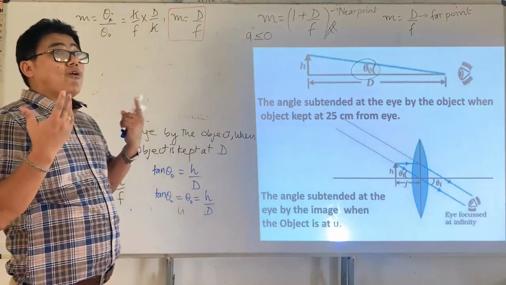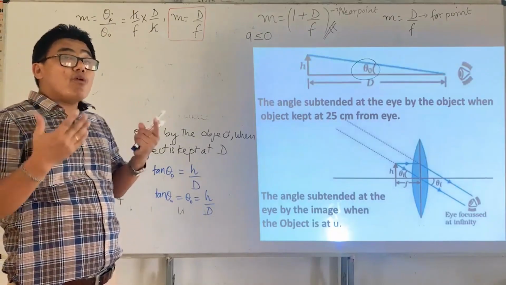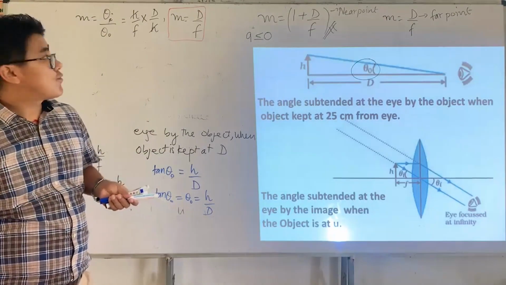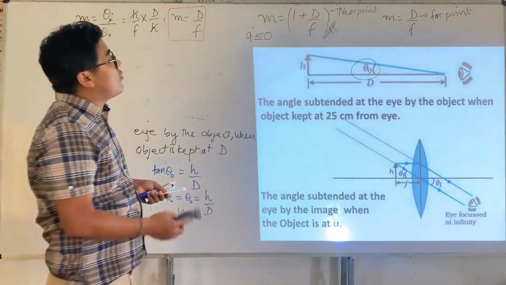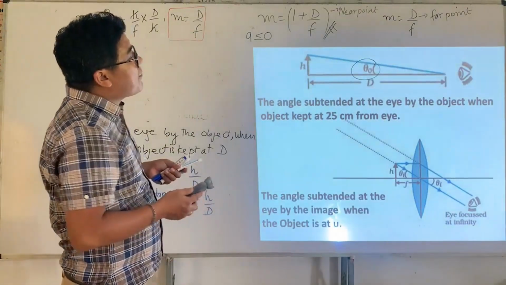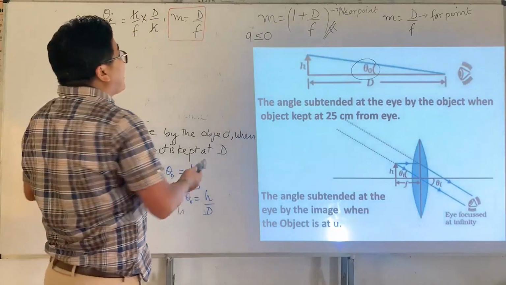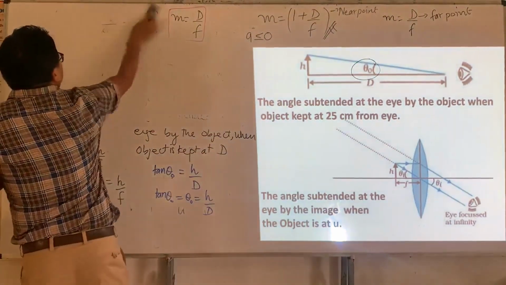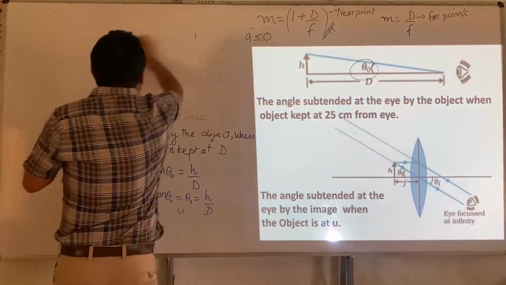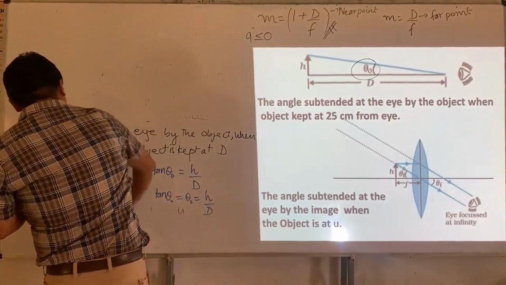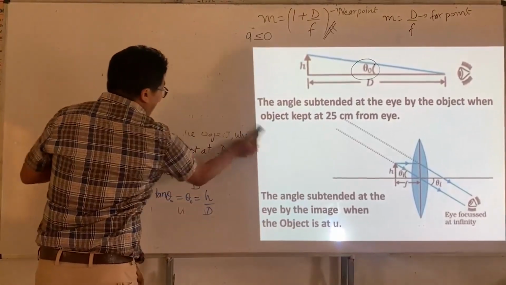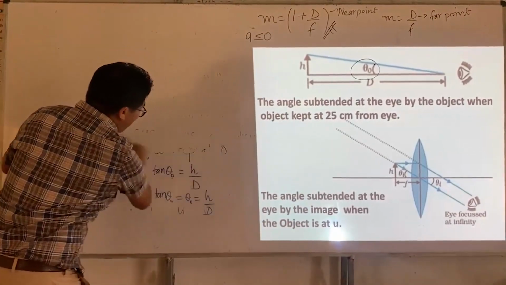Why? Because your eye gets relaxed, so you can view the object for a longer period of time. Therefore, we prefer keeping the image at a far point rather than the near point. Alright, so this is for the simple microscope or magnifying glass or magnifying lens.